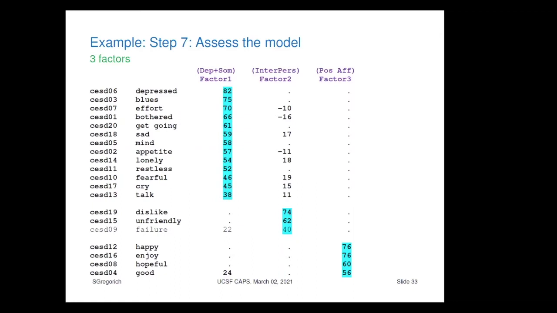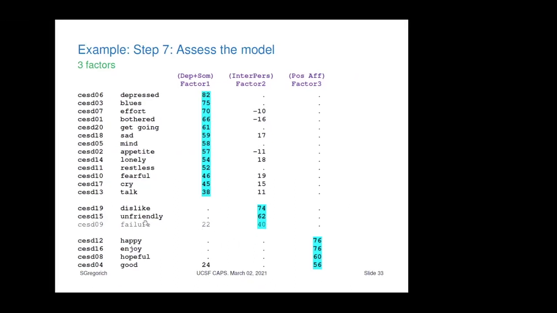The failure item, I think, goes in depressive symptoms usually, but this kind of equivocal nature of the failure item is commonly found in the literature. It's just an item that doesn't really distinguish well between interpersonal issues and depressive symptom issues. So this is a pretty typical finding.